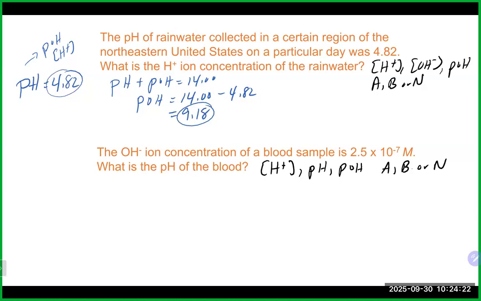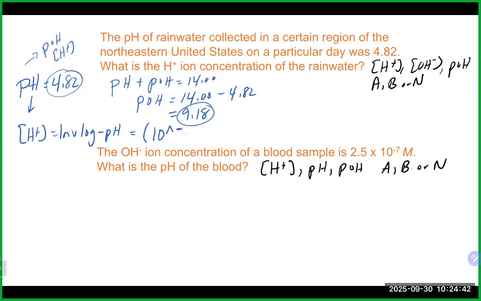Again, at this point, you have a few options as to what to do, but I'm going to go H plus next. Since I do have the pH, I could get the H plus directly from that by doing the inverse log of the negative pH. When you punch that in on your calculator, usually on most people's screens, they'll put a 10 and a caret up there.